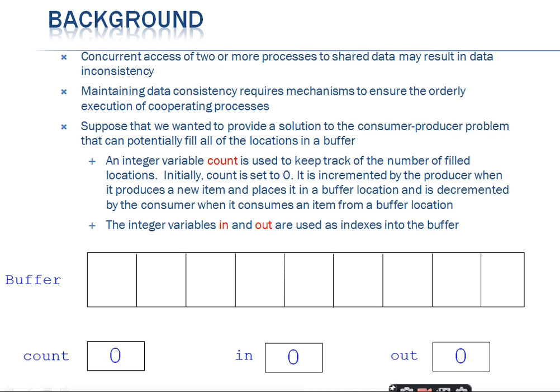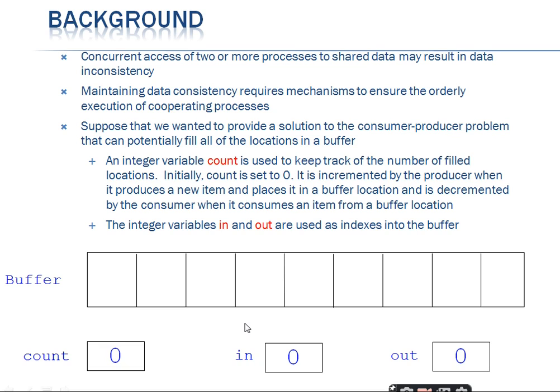So we need to provide a solution to the consumer-producer problem that can potentially fill all of the locations in a buffer. See, here the buffer is shown. If the producer doesn't produce any data element, the consumer is incapable of accessing the data elements here.